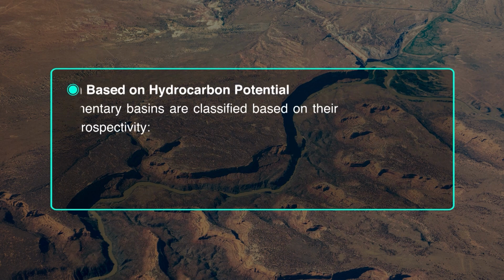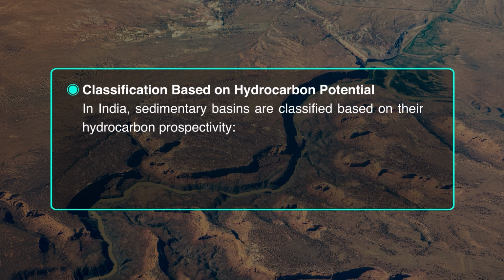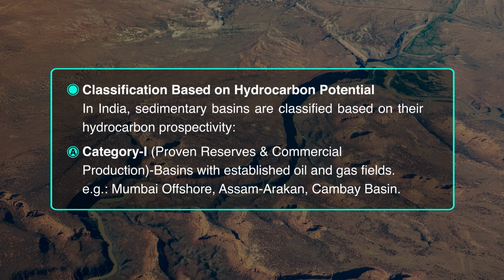Then based on the hydrocarbon potential also we can classify sedimentary basins into certain classes. Generally, based on their hydrocarbon prospectivity, the sedimentary basins are classified into four types. Category 1 is proven reserves and commercial production basins with established oil and gas fields.